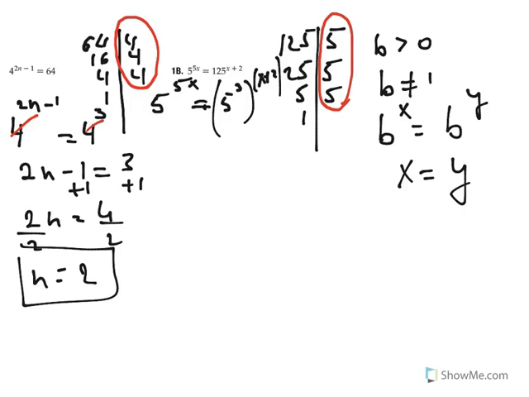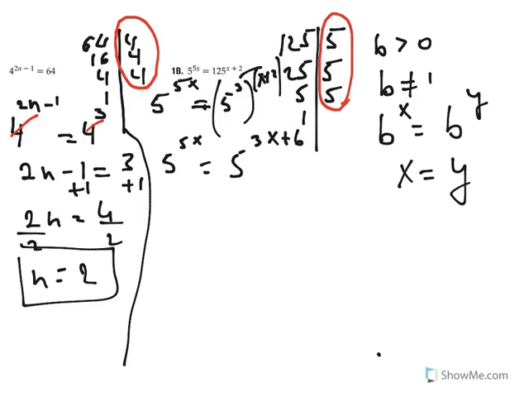Now here I have to use the properties of exponents. On the right side I have the property called power of a power, and I'm going to use it. On the left side I just copy 5 to the 5x, equals 5 to the, and I have to multiply 3 times x, which gives me 3x, and 3 times 2, which gives me 6.